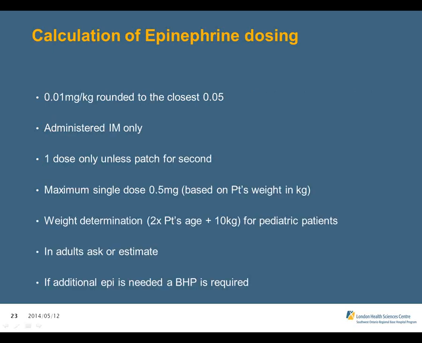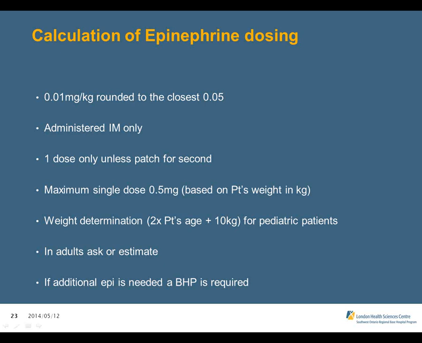So in terms of calculating the dosing for epinephrine, you're going to round to the closest 0.05 milligrams, and the dose is 0.01 milligrams per kilogram. Again, you're going to only administer it IM, and the maximum number of doses is 1 dose. Now, you can give a second dose if you patch in for it.